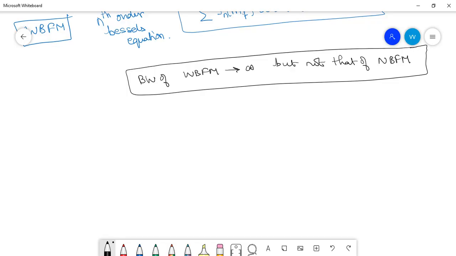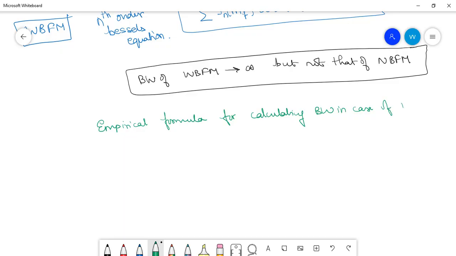So in the case of wideband FM, there is an empirical formula for calculating your bandwidth, and that is known as Carson's rule.